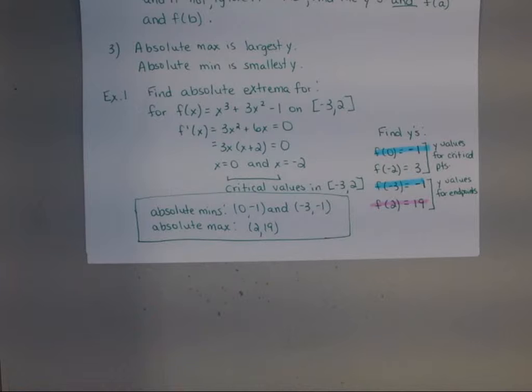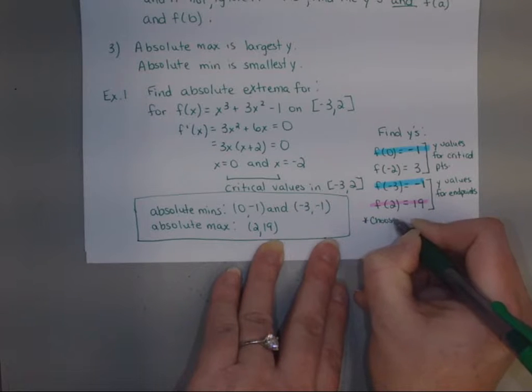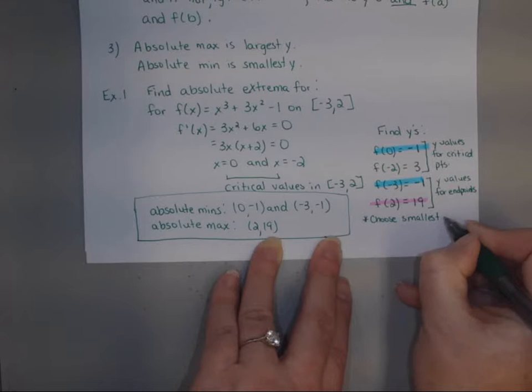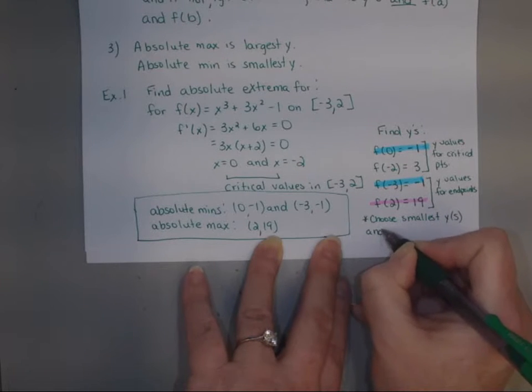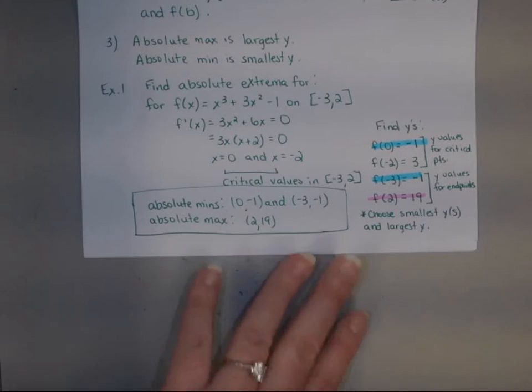So I kind of have a tie for the absolute min, in other words. So I'm going to write down here, we need to choose the smallest y, or y's in this case, and the largest y. That's what we did there.